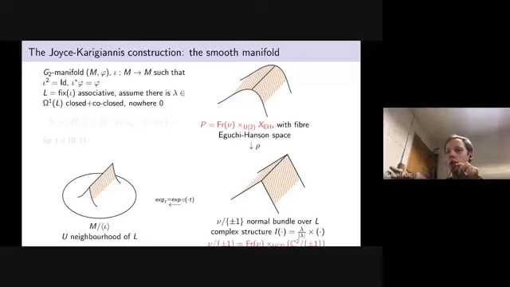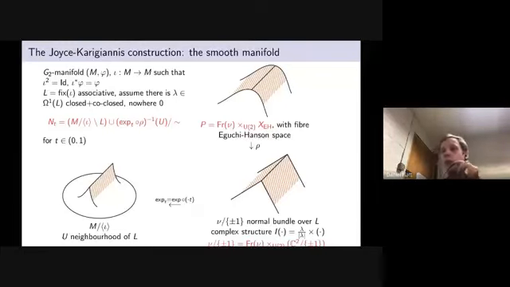Now that we've defined these players in the game, we are ready to write down the resolution of our G2 orbifold. And that's the following. We say that NT is the union of the regular part of the orbifold plus this pink region in P on the top right, modulo the equivalence relation, which is given by xt composed with rho identifying points in the pink region.